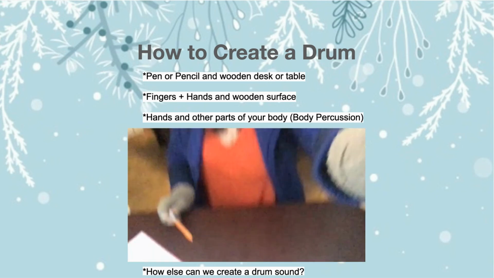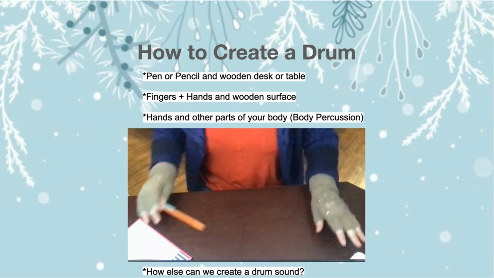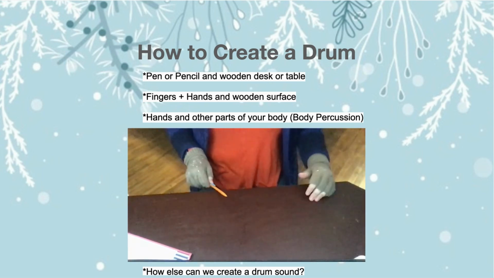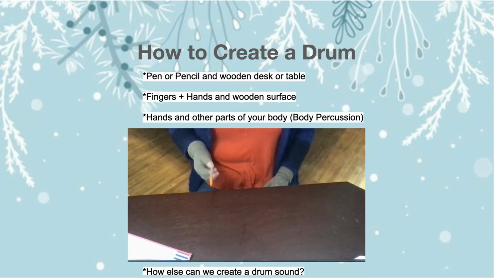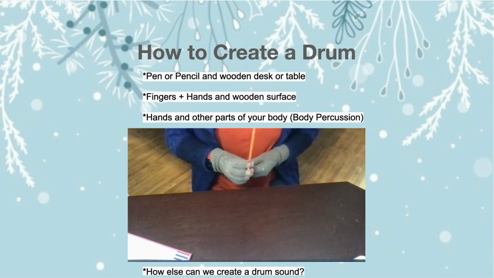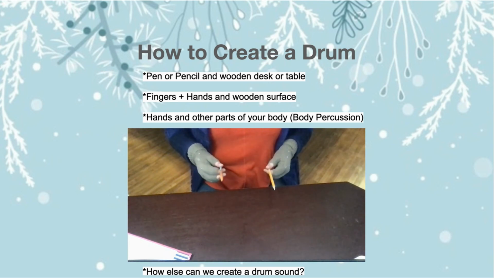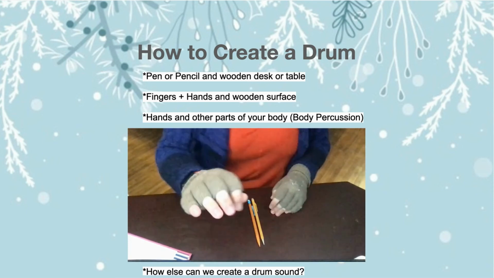So let's put this down so you can see my desk. You can take the pencil and let gravity do its work. If you have two pencils, you can try different rhythms. So that is one way we can make a drum sound.